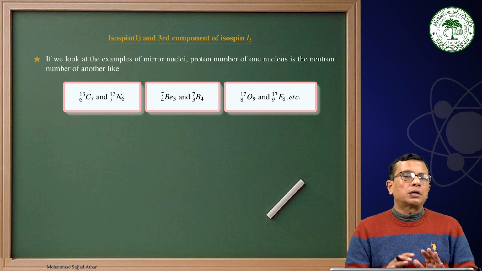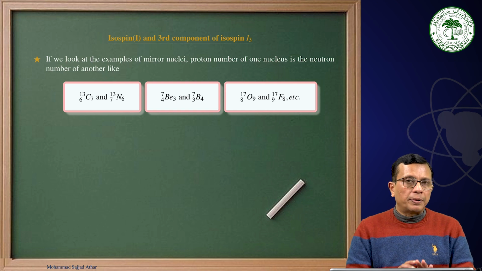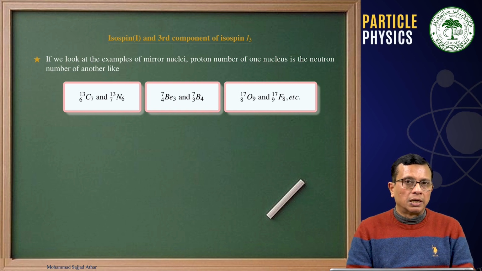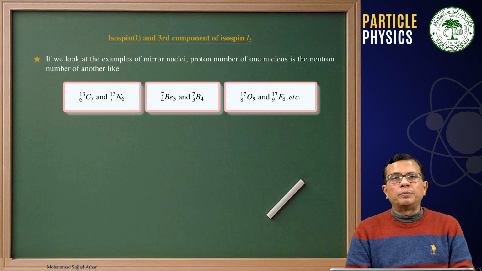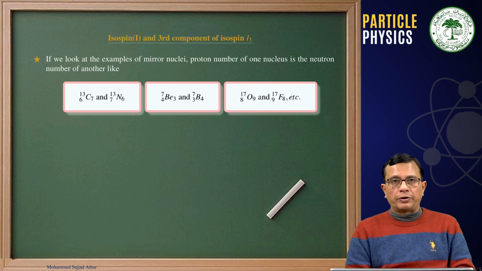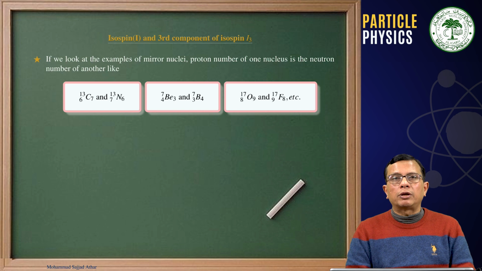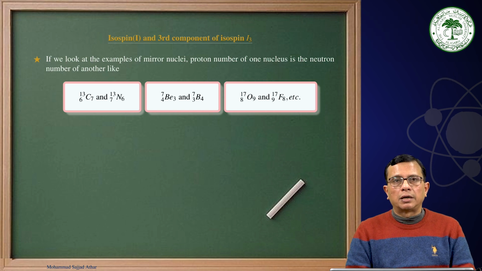That means we are talking about electromagnetic interaction, and because of the electromagnetic interaction, the masses of these two mirror nuclei are different. But if I switch off the electromagnetic interaction, that means I take care of this extra Coulomb energy part, then the masses of these two mirror nuclei are found to be almost the same.